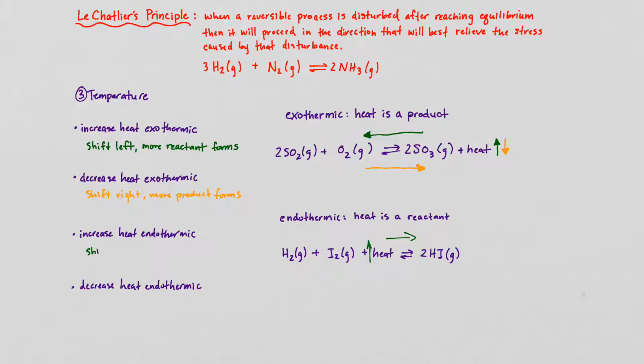Okay, so it's going to have a shift right, and more product forms. Okay, and then the opposite is true if we decrease. If we decrease the heat, then you're going to have a shift to the left. Okay, so you'll have a shift left, and more reactants will form.